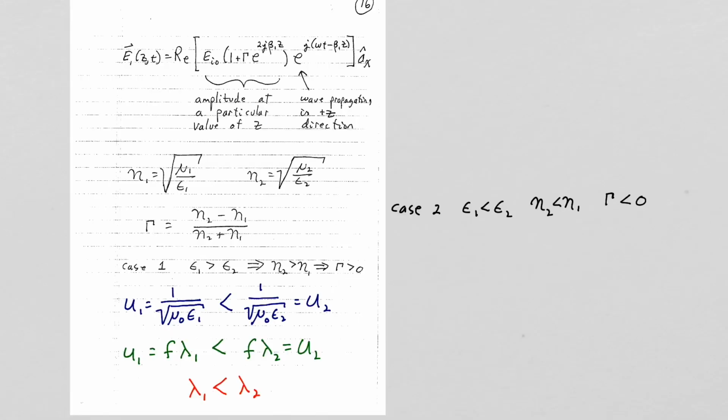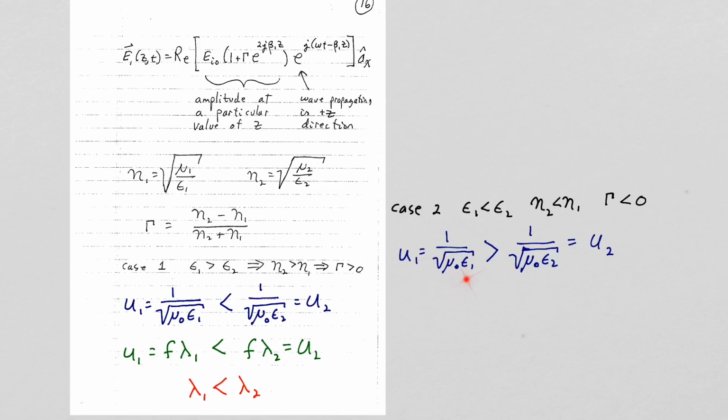In the second case, the dielectric constant of material 1 will be less than the dielectric constant of material 2, so the intrinsic impedance in material 2 will be less than the intrinsic impedance in material 1, and so with eta sub 2 less than eta sub 1, the reflection coefficient is going to be negative.